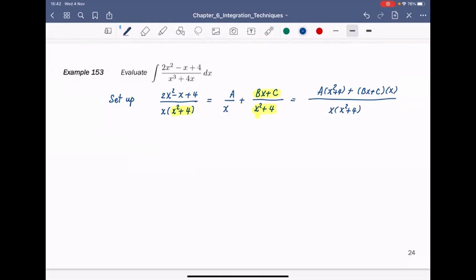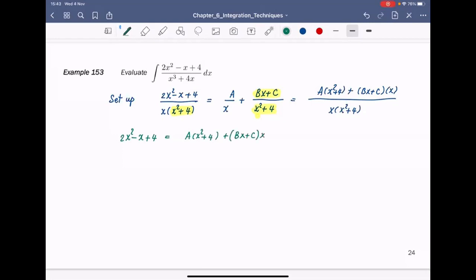Oh, I do not need to simplify because I have 2x squared minus x plus 4 equal to A times (x squared plus 4) plus (Bx plus C) times x here.